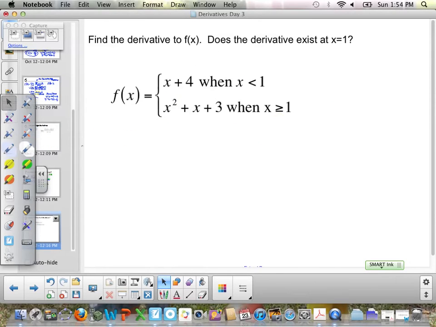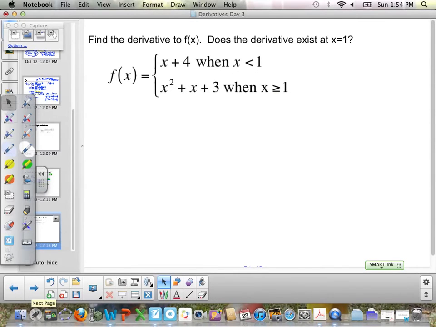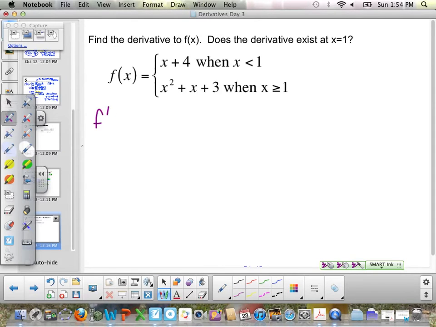If we look at another example, it's the same idea. The derivatives as we approach 1 from the left, and again, this is linear, so what's the slope of that? It's 1.